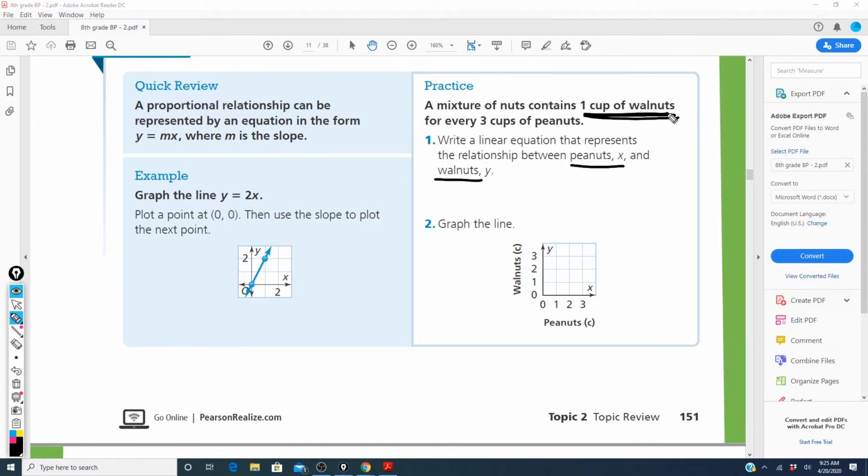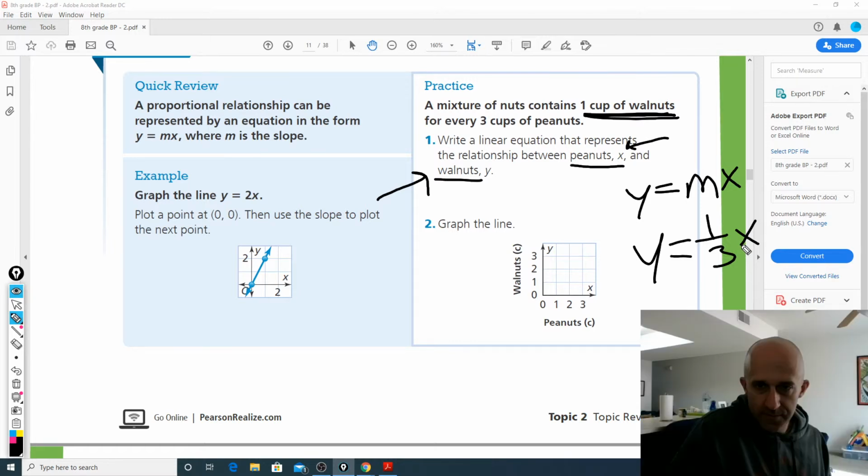If walnuts is your y, so y equals mx in this instance, we're going to find our slope, your y over x. Walnuts is y equals 1 over your peanuts of 3x. Y equals 1 over 3x.